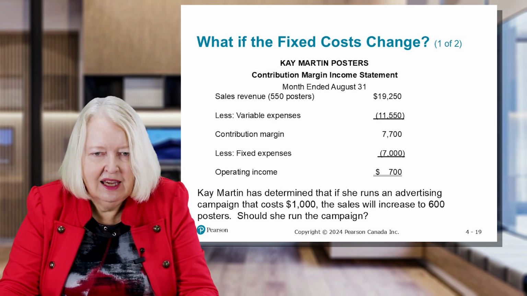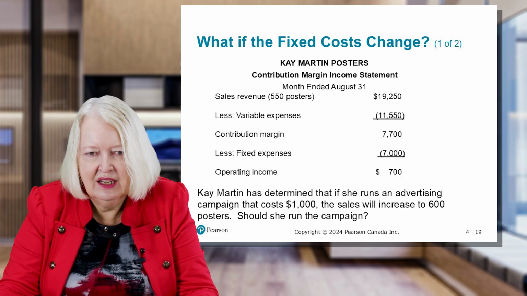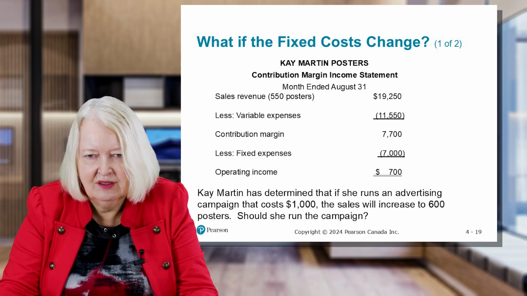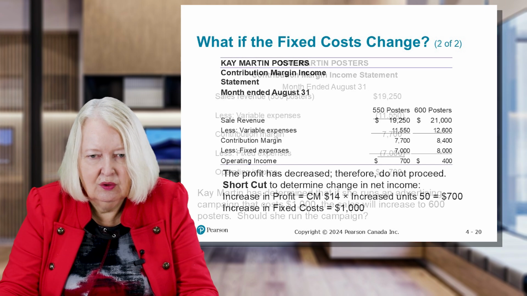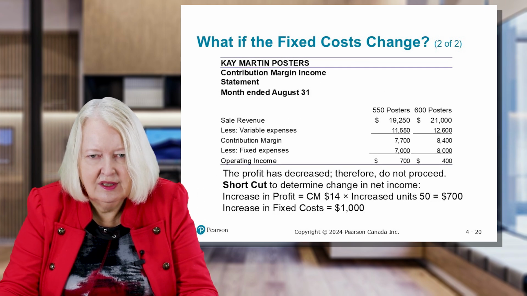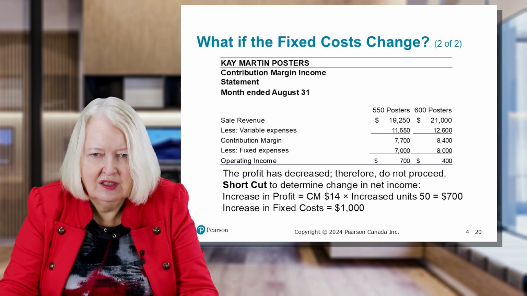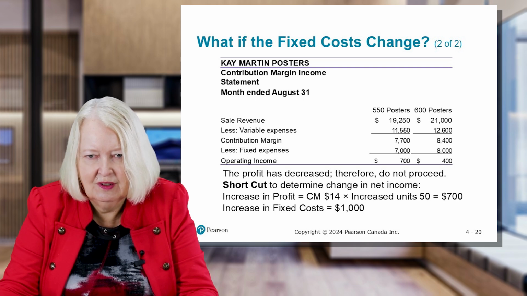Here, Kay has determined if she runs an advertising campaign that costs $1,000, sales will increase to 650 posters from her current 950. So this is her existing situation that we've already reviewed. Now if you increase the fixed cost by 1,000, here's what happens. She can sell more posters because she's going to sell 650 posters at $35 each.